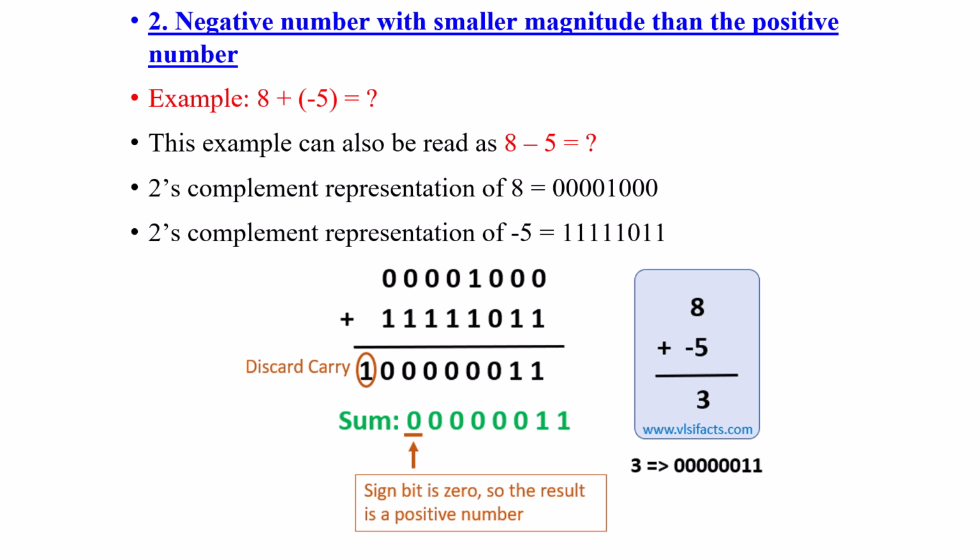As we know how to find the 2's complement of a specific number, we take the positive 5, flip the bits and add 1. After that, we get the value of -5 as 11111011, and we add that along with positive 8. If we get any carry, we just discard the carry.